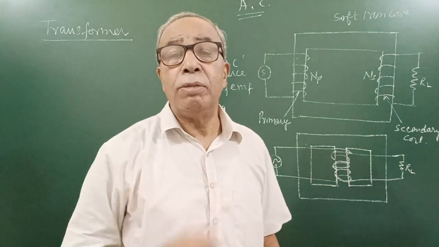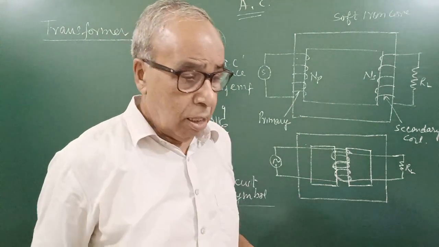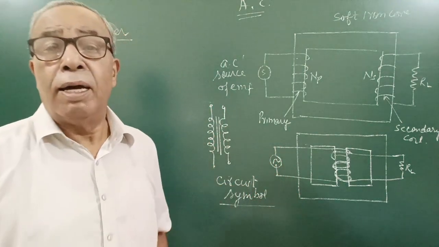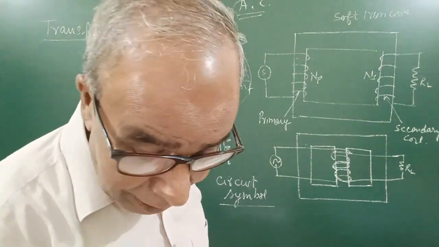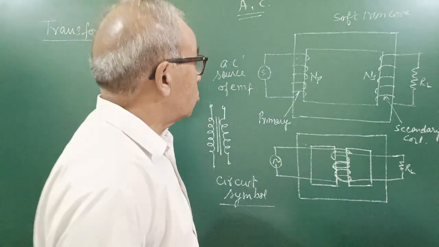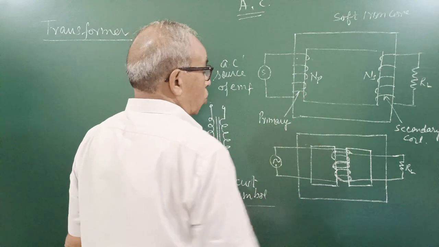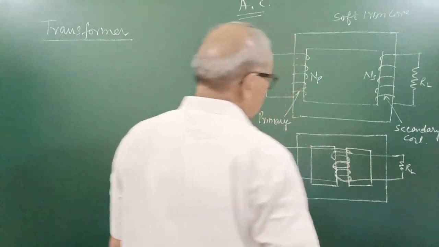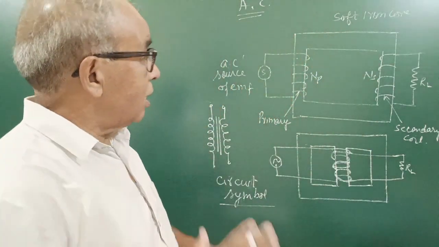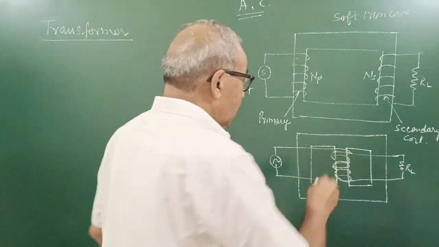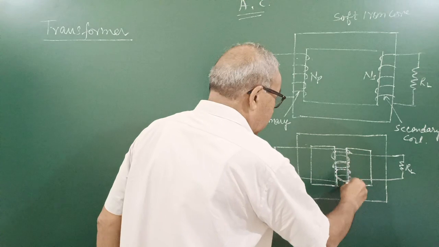Copper wires are insulated by a coating of some insulating material like oxides, so that they don't touch the iron core. To avoid magnetic flux leakage, they are wound over the same core.